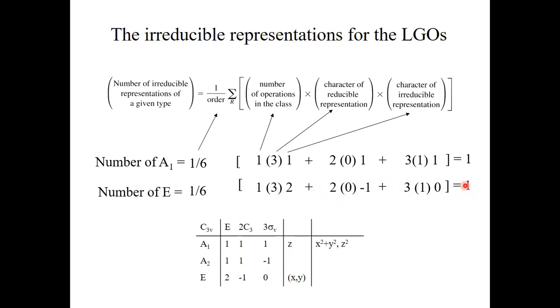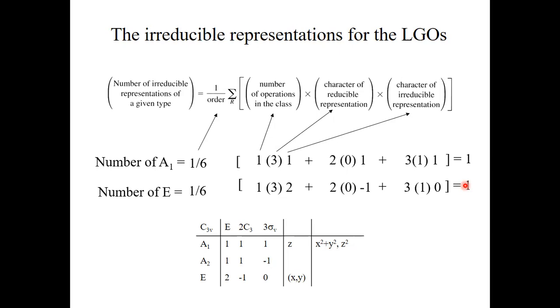Now at first glance, it seems that we have one ligand group orbital with the symmetry type E. But in fact, and that's very important to realize, we have two. That is because of the double degenerate character of the symmetry type E. Remember, E means double degeneracy. There are two coordinates that are dependent on each other. In point group C3V, it's actually the X and the Y coordinate.